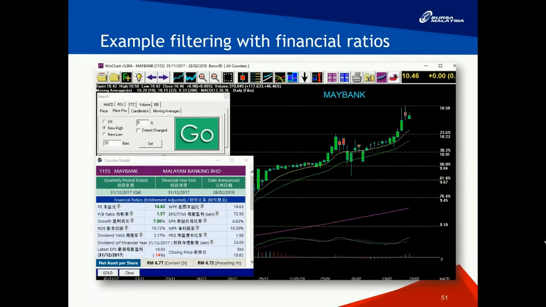In fact, most of the time I'm just using a very simple mechanism: 20-day break new high. If the financial or fundamental result is good, it usually gives me an indication that this is a good stock to start investing in. This is how I normally trade with my system, plus the fundamental information which you can find from Bursa Malaysia.